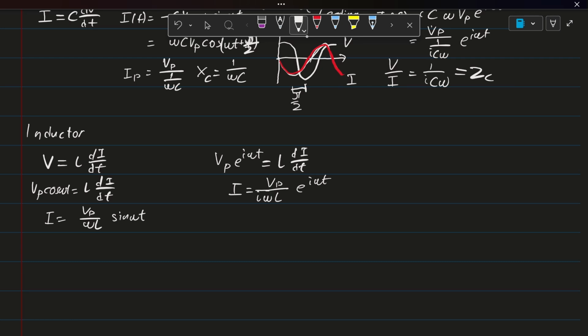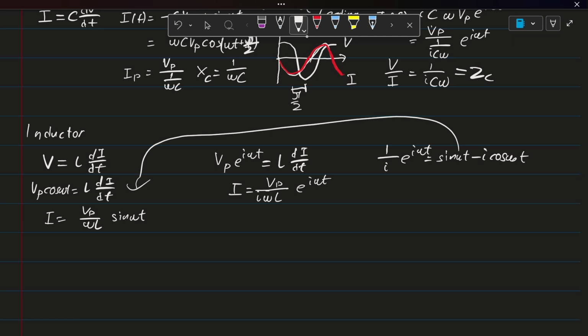So what we see here is that we got 1 over i e to the power of i omega t, and its relation is sine omega t minus i cosine omega t. So what we get is the same thing in here. So this is the real part. Same idea as the previous one.